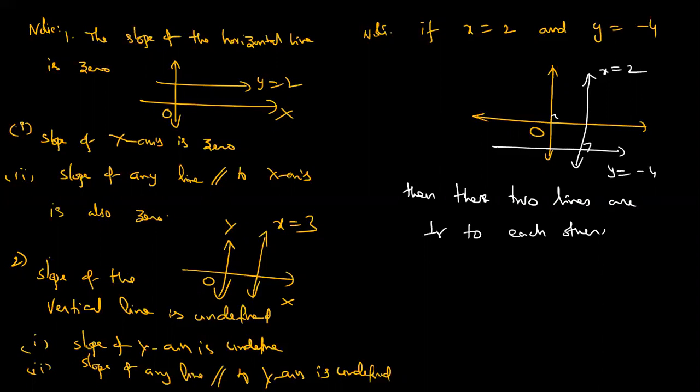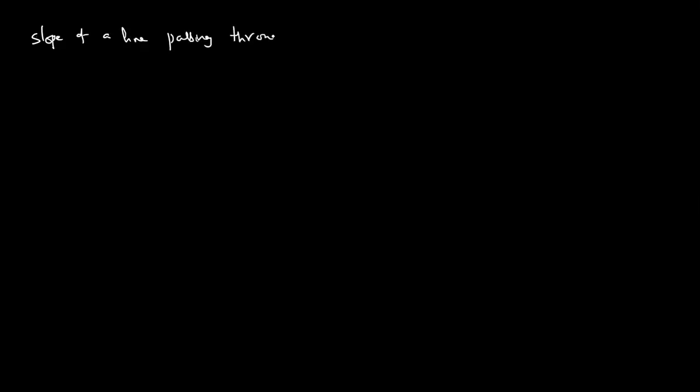Now the concept is how to find the slope of a given line. Write down. I'm proceeding. After that, I will share the file. Don't worry. Now see. Generally, the slope of a line passing through the points x1, y1 and x2, y2.